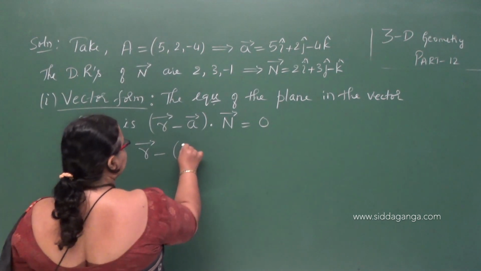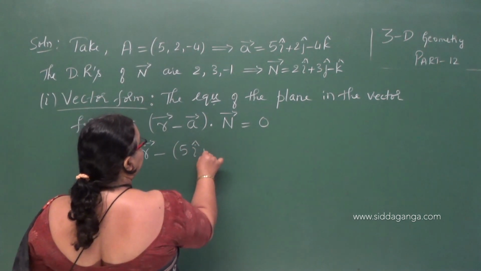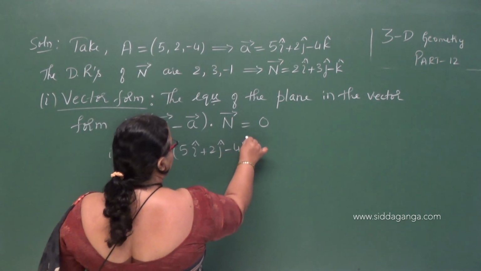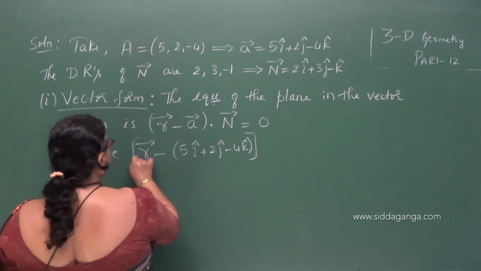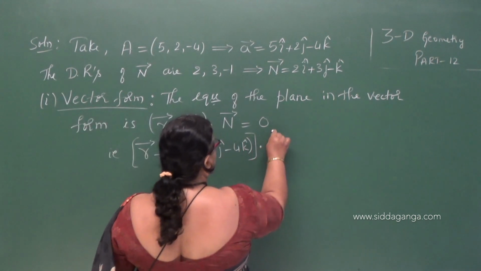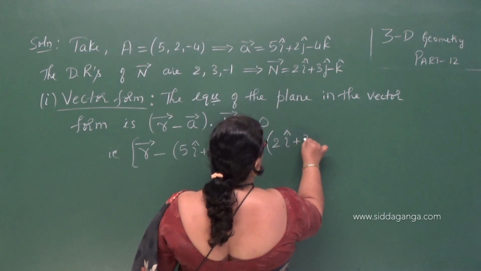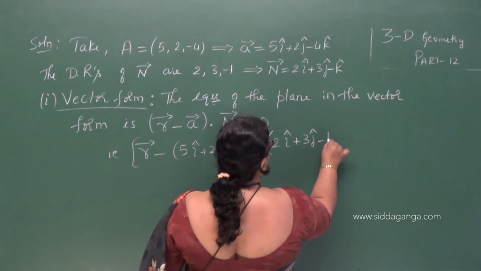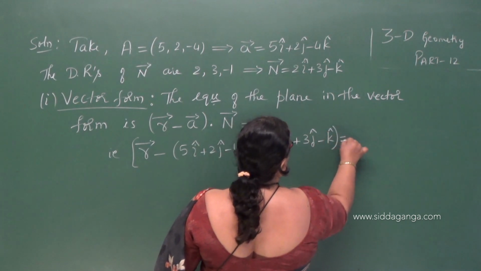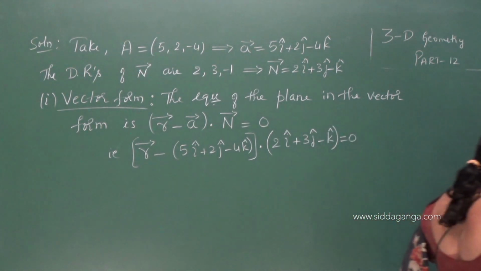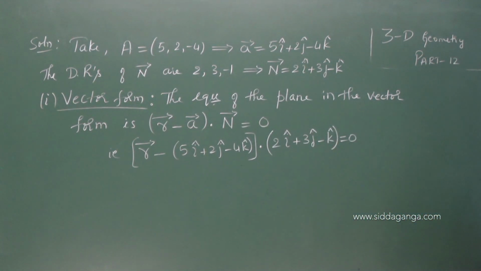Vector a is 5 I cap plus 2 J cap minus 4 K cap, and vector n is 2 I cap plus 3 J cap minus K cap. So (r - (5i + 2j - 4k)) . (2i + 3j - k) = 0. That is the vector form of the plane.